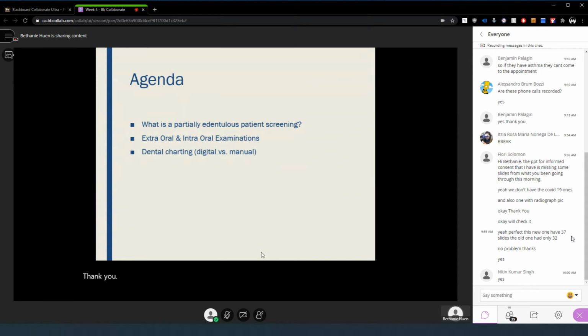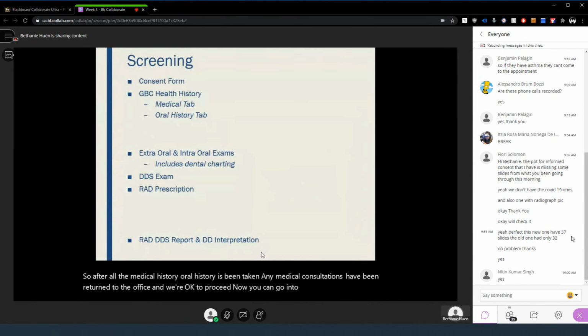After the medical history and oral history have been taken, and any medical consultations have been returned to the office and we're okay to proceed, now you can go intraorally. This includes an extraoral and intraoral exam, and the intraoral exam includes dental charting.